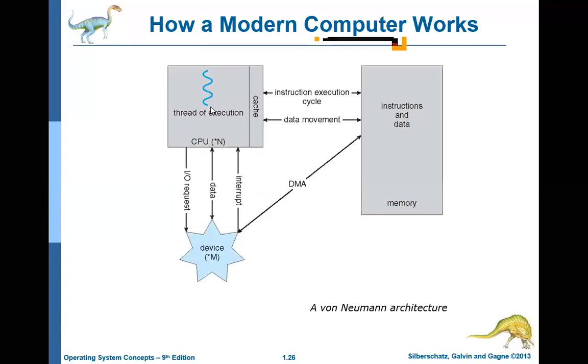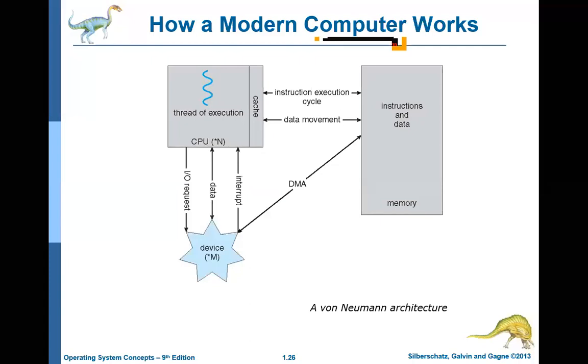Thread of execution is the smallest sequence of programmed instructions that can be managed by a scheduler, which is typically a part of the operating system.